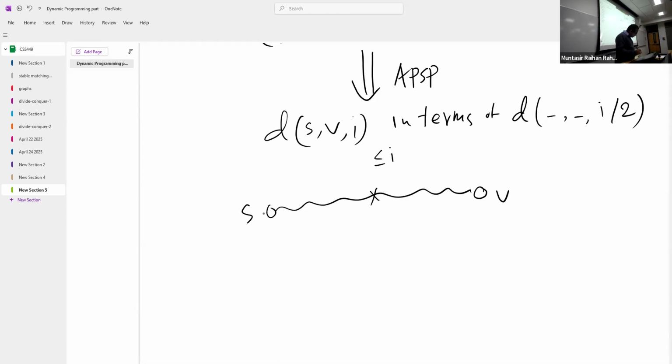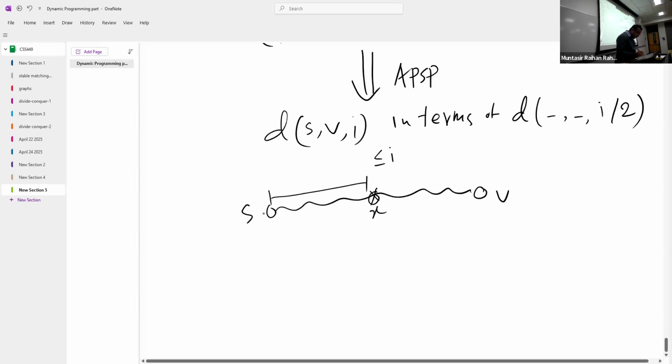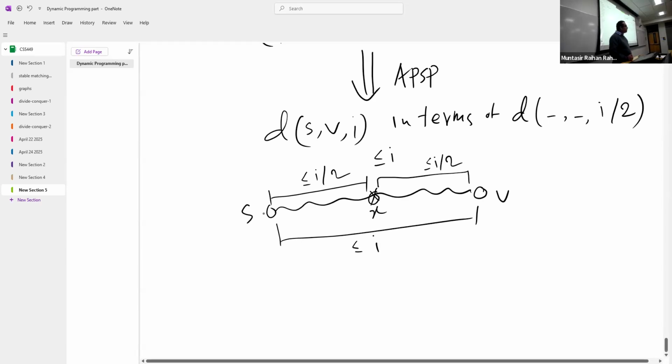Let's call the middle vertex X. Then this path will be of size less than or equal to i by 2, and this path should also be of size less than or equal to i by 2, and the total path is less than or equal to i, right?